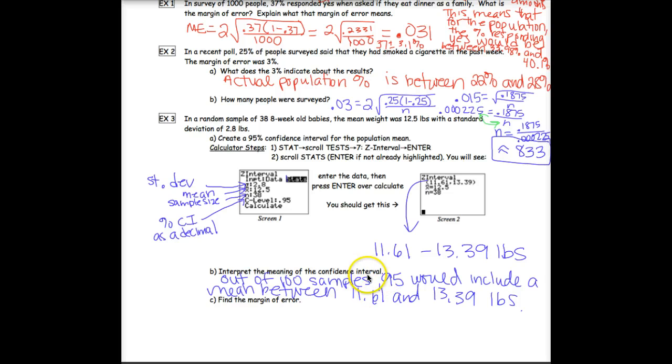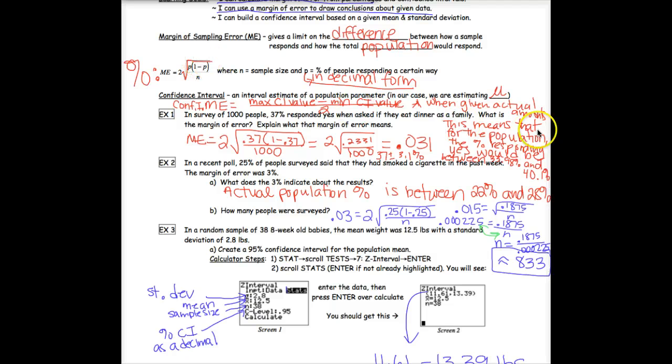Now, find the margin of error. This is the second type of margin of error. Again, it's so important that you know the difference between when you use this formula and when you use this one. Right here. The confidence interval margin of error is different.